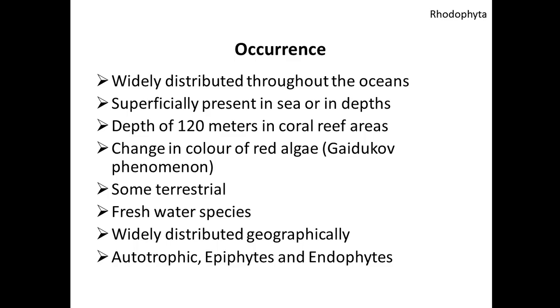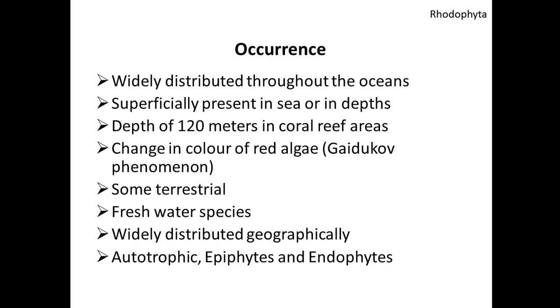So color is variable. This we have discussed, and the reason for it also. Now this phenomenon of change of color is known as the Gaidukov phenomenon. In this phenomenon, the pigment composition changes to increase its efficiency for the maximum absorption of light. So we can say that red algae show the Gaidukov phenomenon.